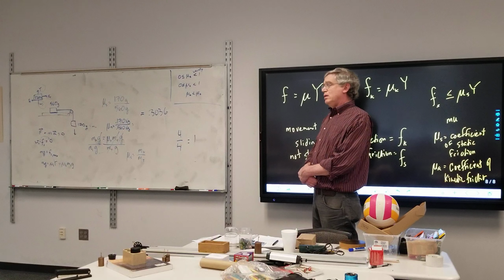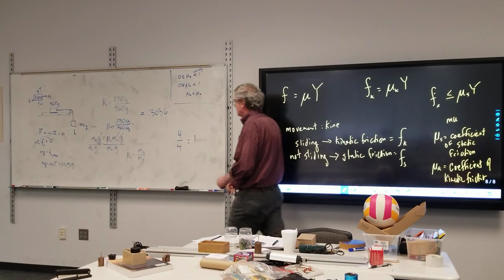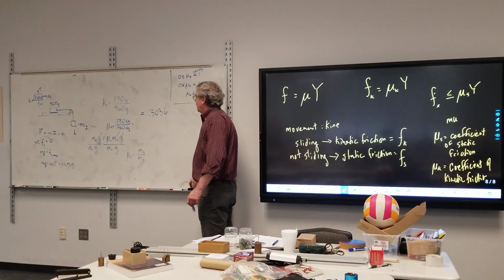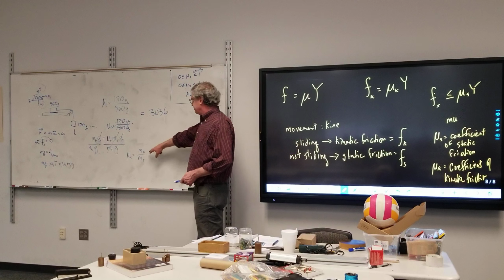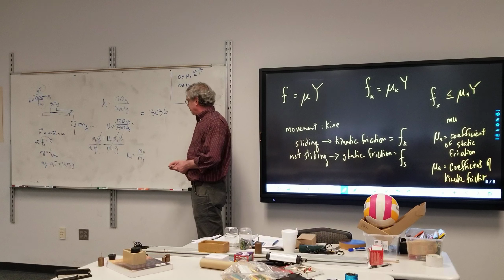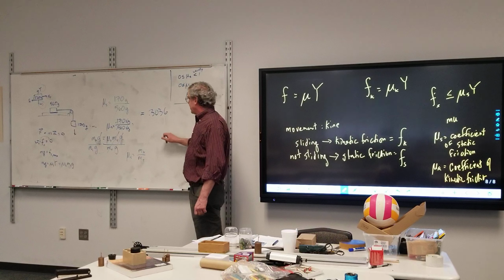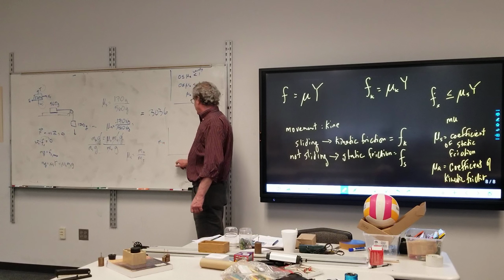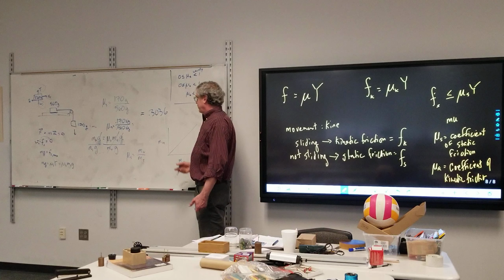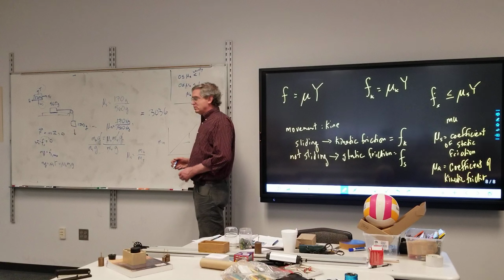Because again, everyone loves a graph. Ultimately, it's the hanging mass divided by the track mass. So if I plotted hanging mass versus the track mass, the coefficient of static friction is just the slope.